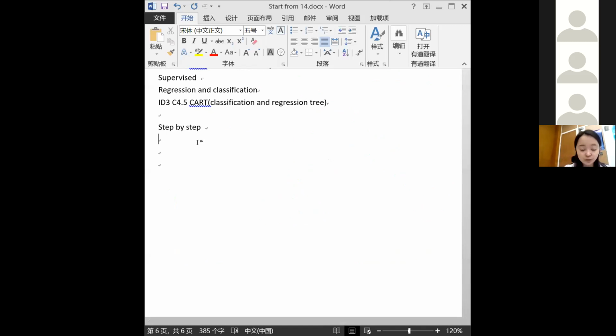The first step is we need to decide the decision column.